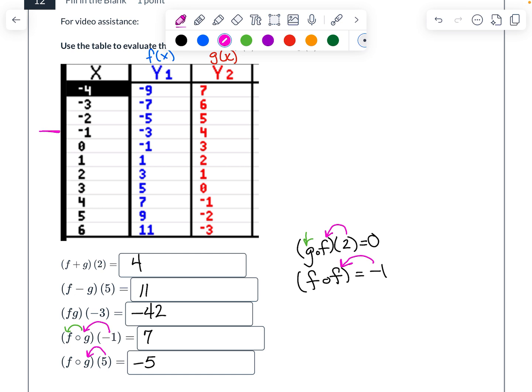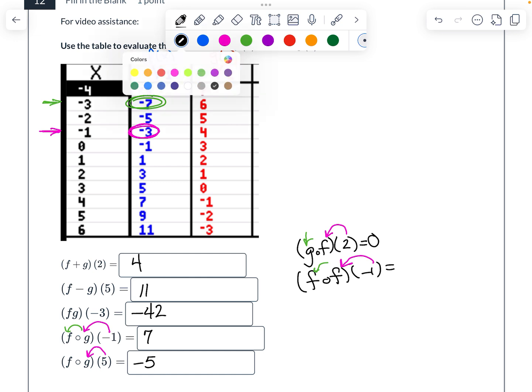So here is negative 1, and here is f. Then we're going to take that answer and go to f. So we're going to go to negative 3, and f of negative 3 is negative 7. So the answer is negative 7. Oh, I wrote that one down funny. Sorry. And we got the answer to be negative 7.